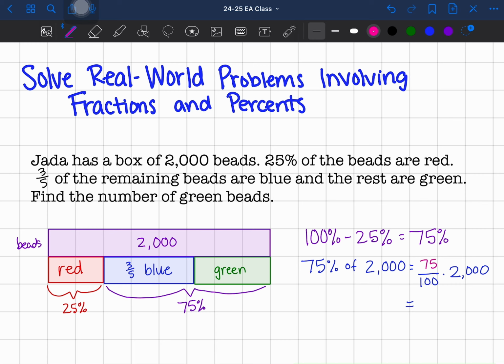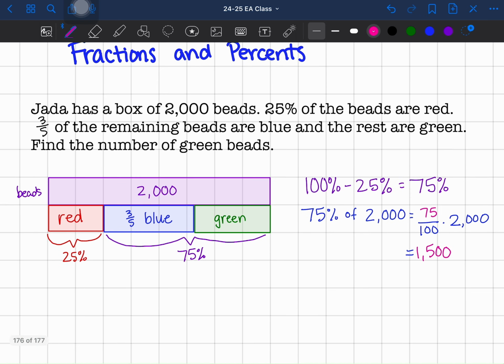So to find 75% of 2,000, we do 75 over 100 times 2,000. You can use a calculator as long as you show your work. If you type this into your calculator, you should get 1,500. So this means that 1,500 beads are blue and green.